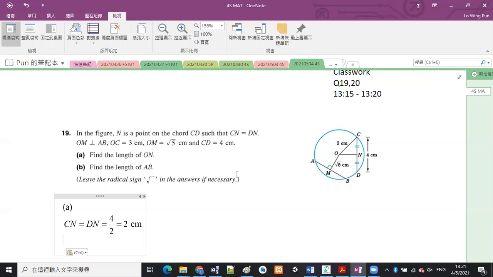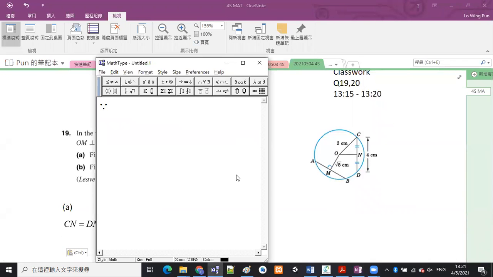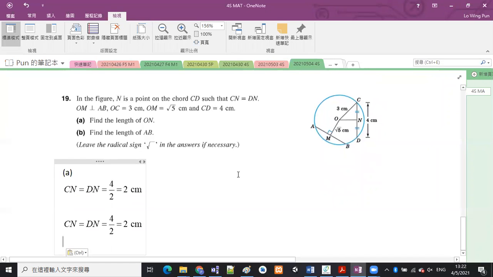I need to write this down because CN is equal to DN. Therefore, I can say that ON is perpendicular to CD. This is line joining center to midpoint of chord is perpendicular to chord.